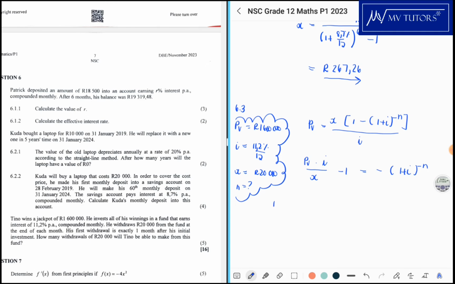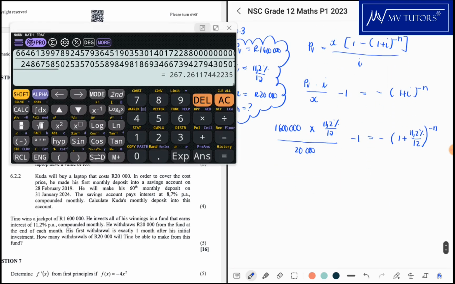So the present value is 1,600,000 multiplied by the interest, which is 11.2%, divided by 12, all divided by the monthly amount, which is 20,000, and we're subtracting 1. And then in here we have 1 plus 11.2% divided by 12, to the power negative N.